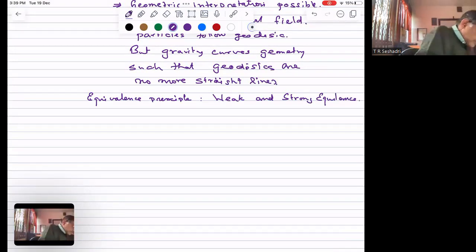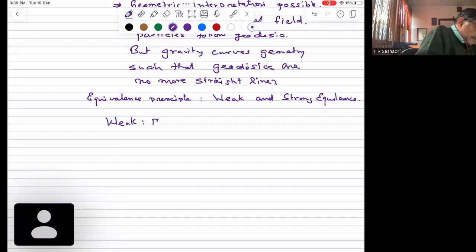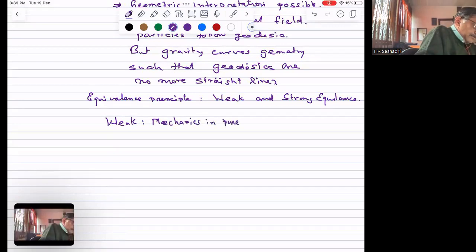The weak one says mechanics in pure gravity is the same for all particles.